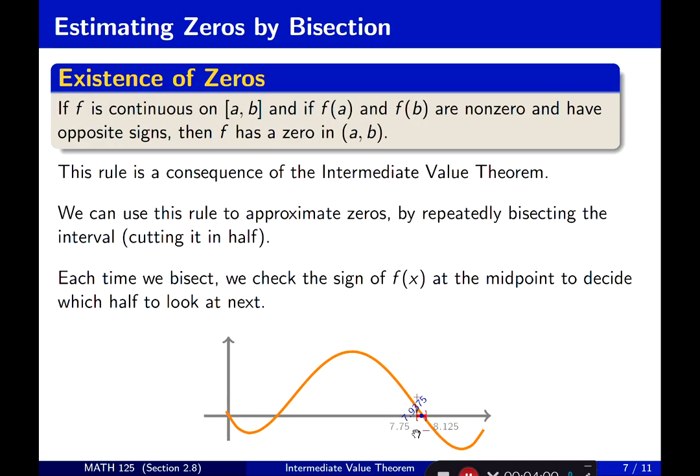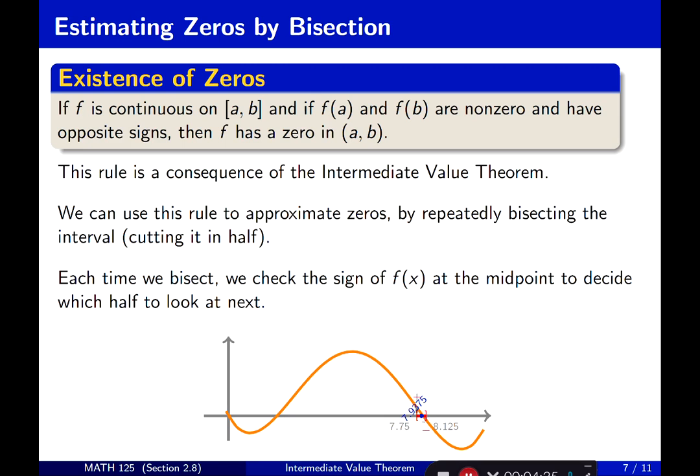And so right now, in the interval between 7.75 and 8.125, we have a 0. So with the error, the error in finding the 0 of the function is 0.25 plus 0.125, which is 0.375.